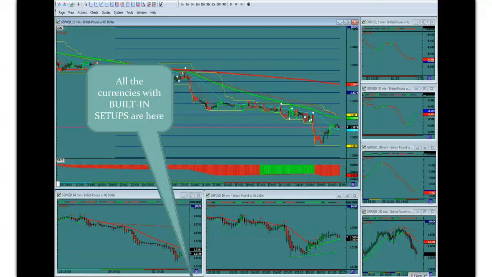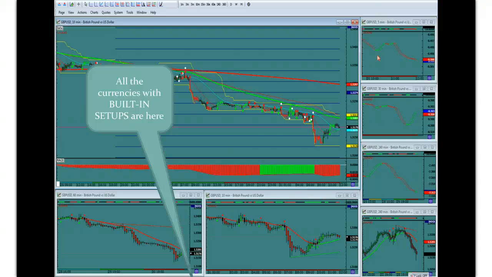The reason for that is, every time you add a currency, you're adding 35,000 candles that have to be loaded per currency. So most of you might not have the resources on your computer to handle that, number one. So we limit it to the 9 majors in a demo. Once you become a subscriber, you can add all that you want. But make sure you have the resources to handle that.